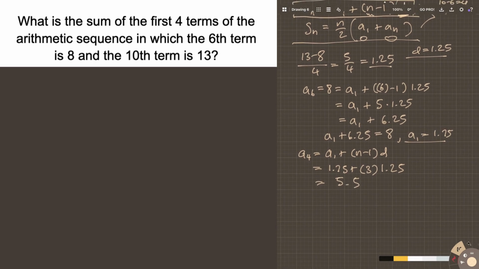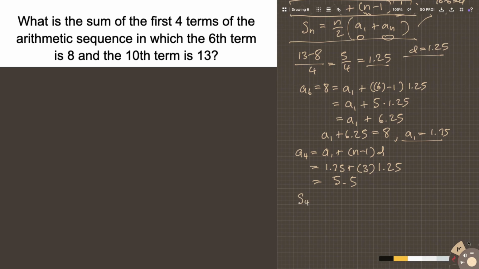The sum of 4 numbers is equal to 4 over 2 times a of 1, which is 1.75, plus a of n, which is 5.5. This is equal to 2 times, taking out my calculator again, 7.25. So this is equal to 14.5. So our answer should be 14.5, all right?